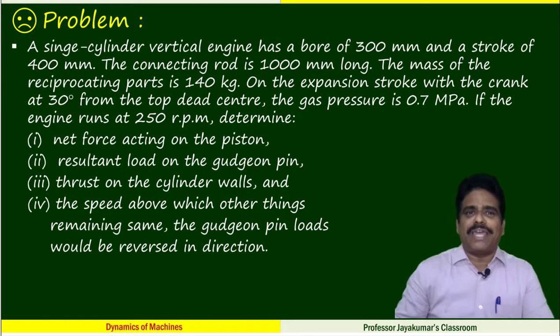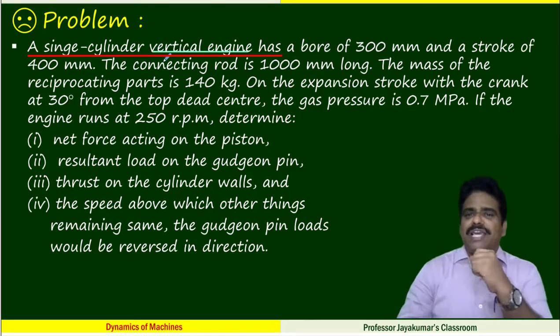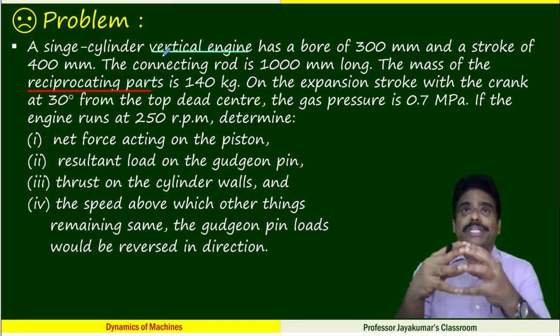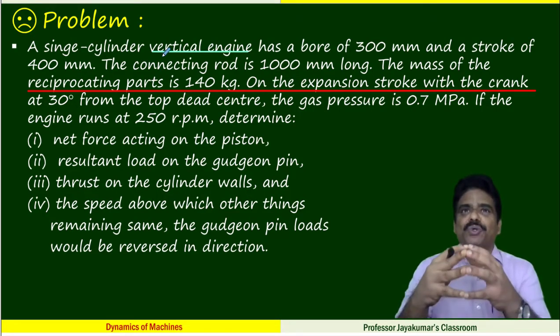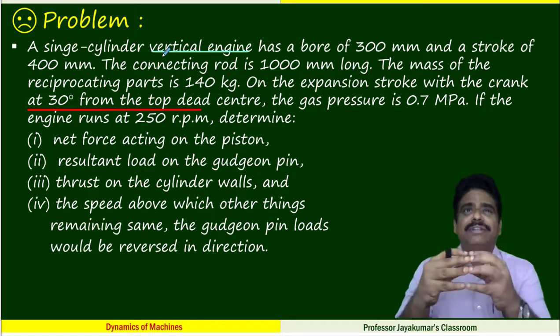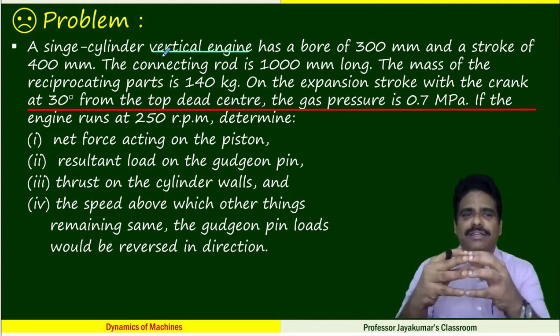Shall we read the problem carefully? A single cylinder vertical engine has a bore of 300 mm and a stroke of 400 mm. Connecting rod is 1000 millimeter long. Mass of the reciprocating part is 140 kilogram. On the expansion stroke, with the crank at 30 degree from the top dead center, the gas pressure is 0.7 megapascal.